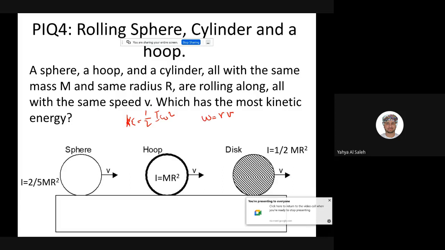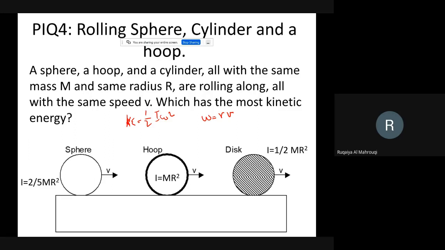Can someone remind me? v equals R omega. Okay. Can you see where we go from here?